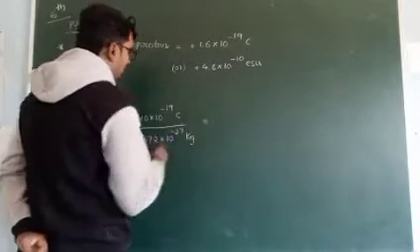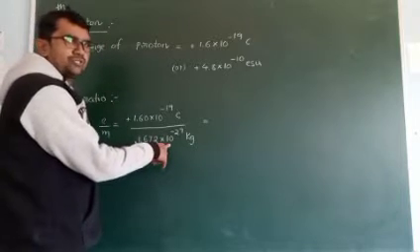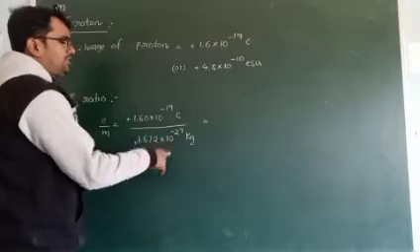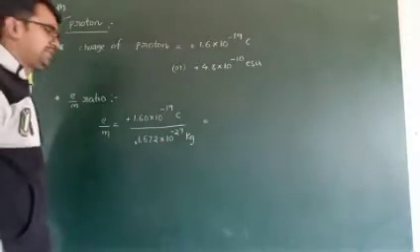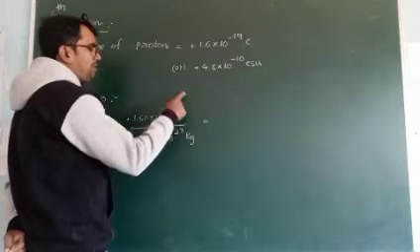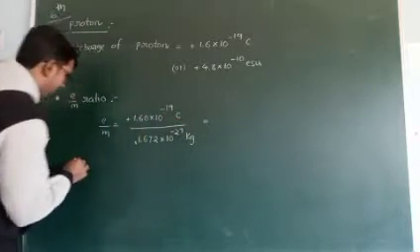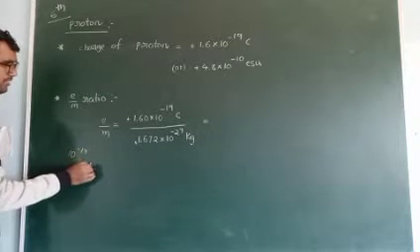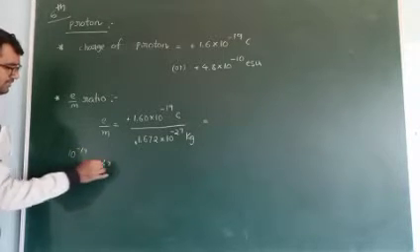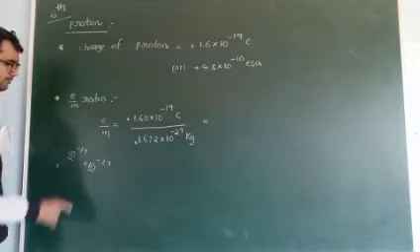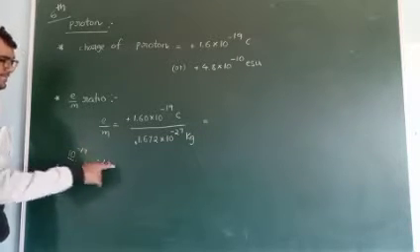This 10 to the power of minus 27 moves to the numerator position, then the value changes to 10 to the power of plus 27. So 10 to the power of minus 19 into 10 to the power of plus 27. Here the bases are the same, so in multiplication the powers must be added.